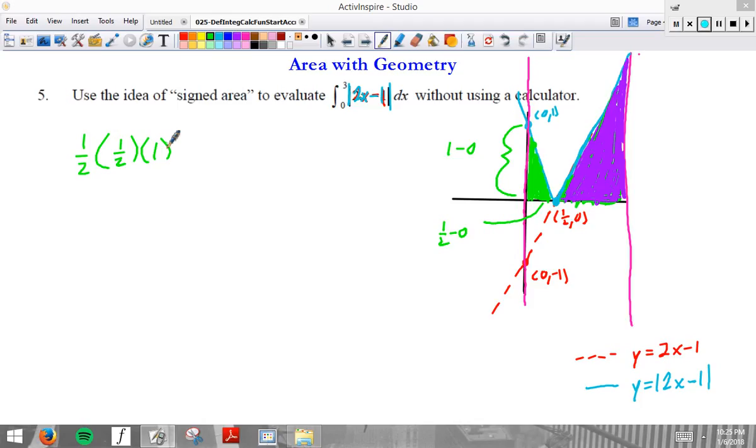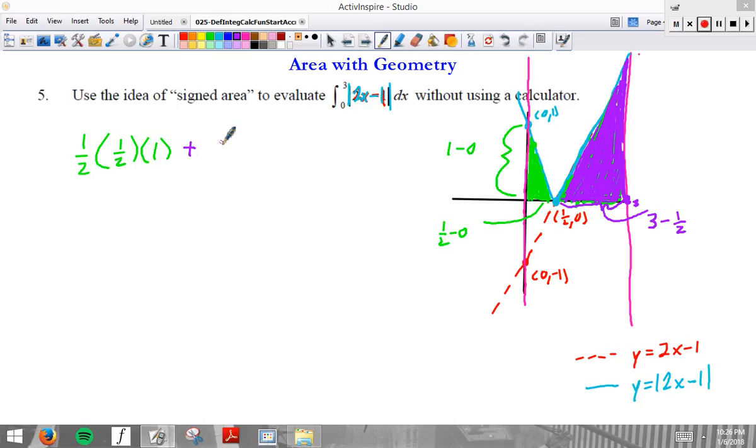So the green triangle would have that area. Whereas for this purple triangle, this length would be, remember that's at 3, so it's 3 minus 1/2, right minus left.